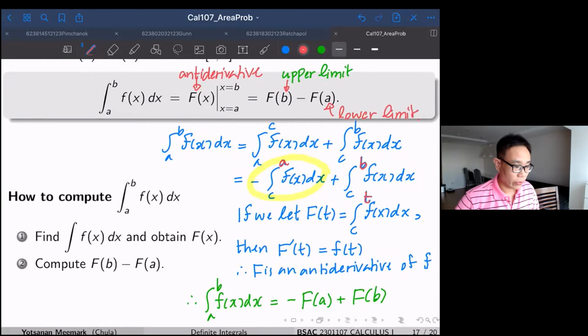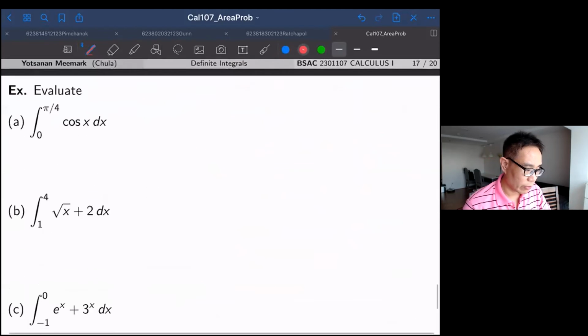So computing the integral from a to b consists of two steps. The first step is to integrate to obtain the antiderivative, the capital F. The second step is to plug in the upper limit, subtracted by plugging in the lower limit. I'll do many examples after this.